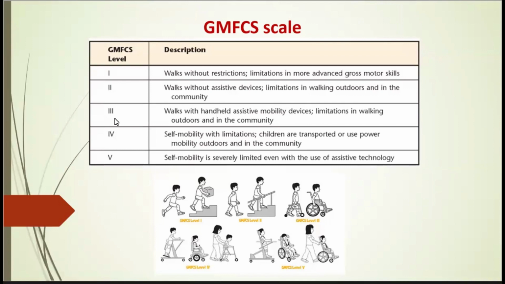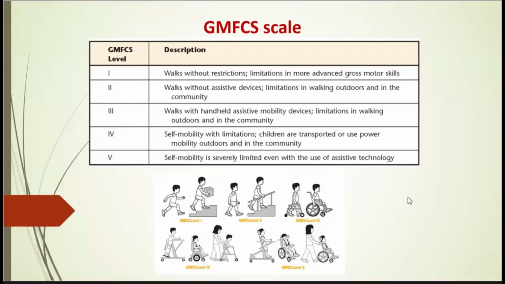You want the child to be at least able to take care of himself on his own without any support, without any help. So the moment you start your rehabilitation of physiotherapy, occupational therapy, speech therapy, etc., you will try to get the patient back to a lower level. So the GMFCS scale is important for diagnosis and for prognosis and follow-up.